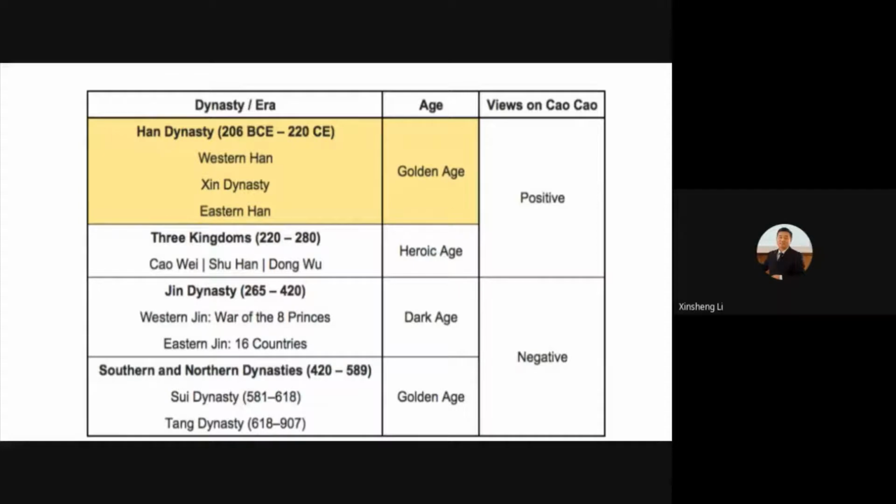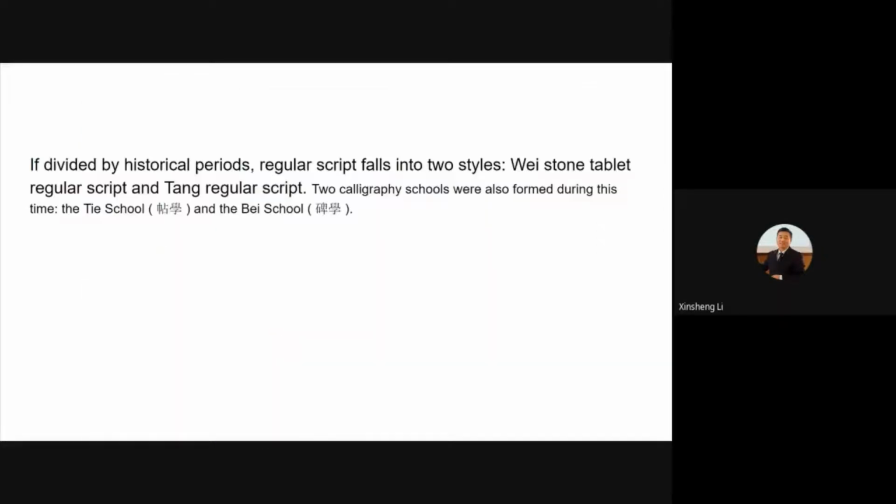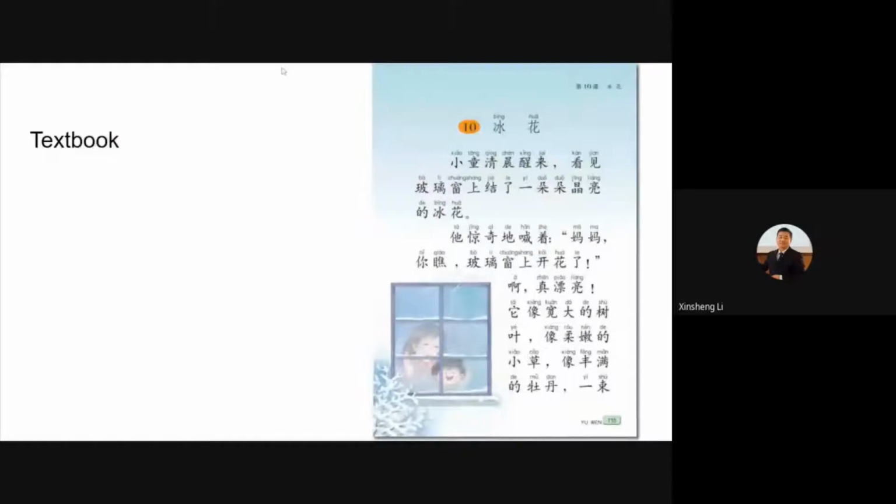It has been flourishing to these days. These days, in the textbook, all the characters are regular style. Look at this one. This is a textbook.